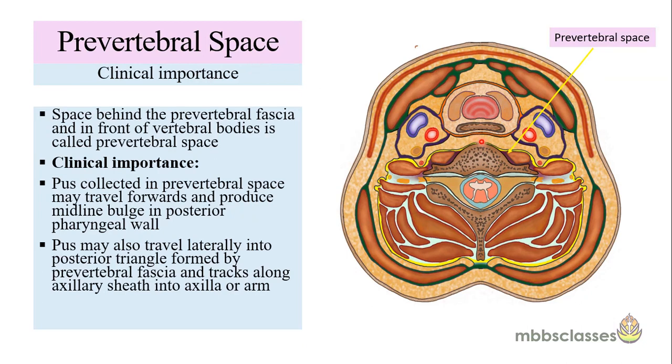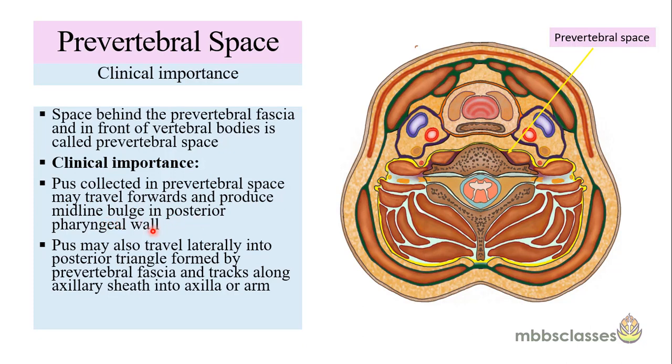The prevertebral space, if you see here, the yellow colored part is the prevertebral fascia, and the prevertebral space is the space between the prevertebral fascia and the front of the vertebral bodies. The clinical importance is that any pus collected in the prevertebral space can travel forward and produce again a midline bulge in the posterior pharyngeal wall.